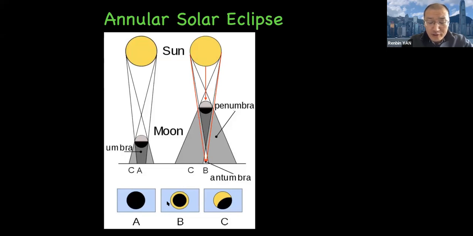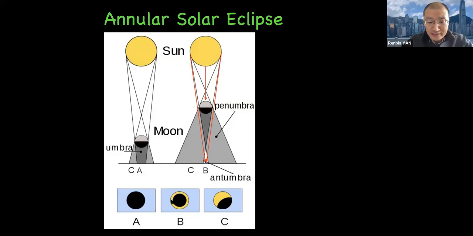And so this is when you will have an annular solar eclipse. In this picture, this black circle is the moon itself. It is blocking the disk of the sun, but it's not big enough to block the whole sun, and it can only block the central part of the sun.